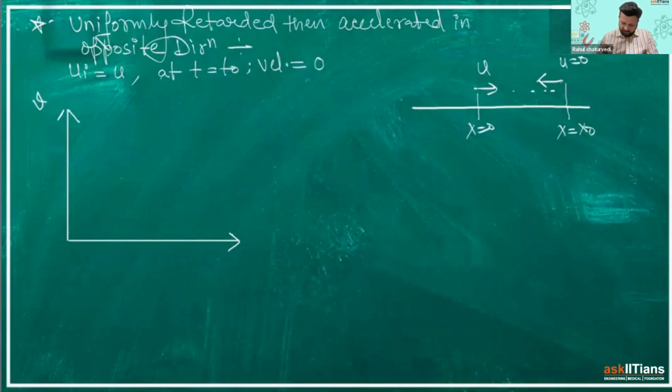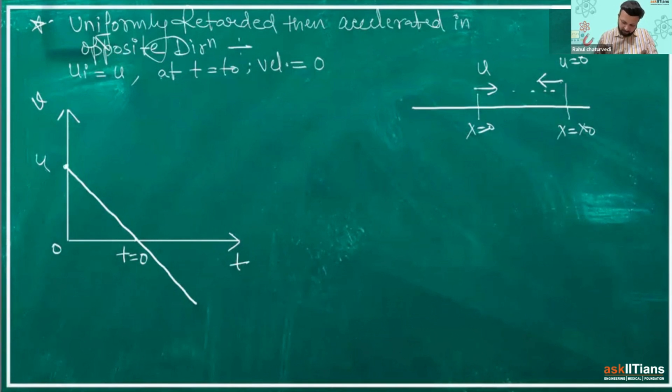So this is the VT graph. In the VT graph, initial velocity is u, and with time at t is equal to t naught it is having 0 value. So velocity here is 0, and now it is moving in the opposite direction.